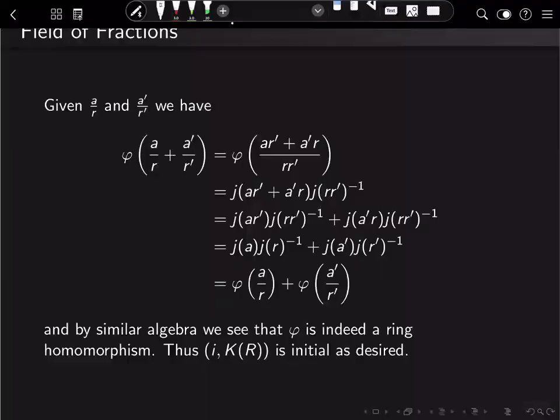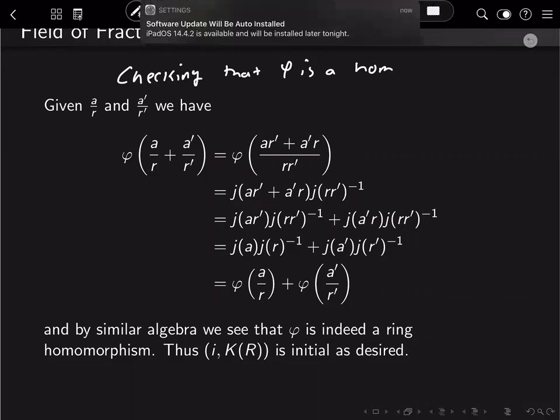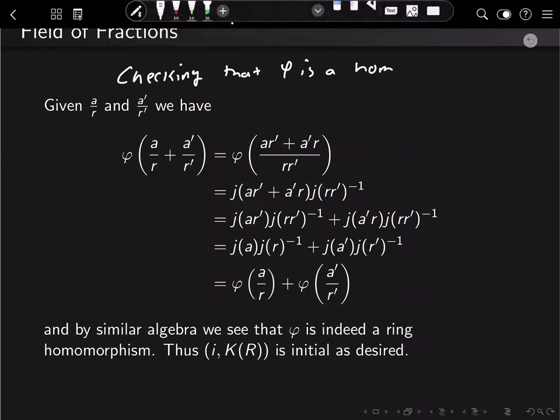Now, given A over R and A prime over R prime, we're checking that phi is a homomorphism. So we have phi of A over R plus A prime over R prime.